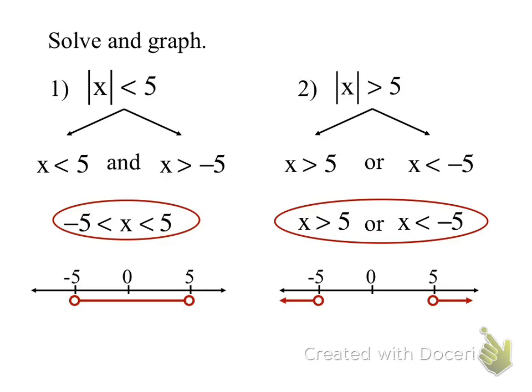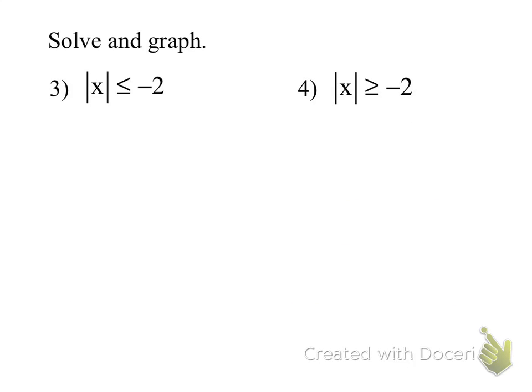So it's any of these numbers forever on in this direction, and any of these numbers forever on in this direction. Yes. How would you word that? How would you say it in words? X is any number less than negative 5, or x is greater than 5. You would use this in your words. Oh, okay. Okay? All right. Next.